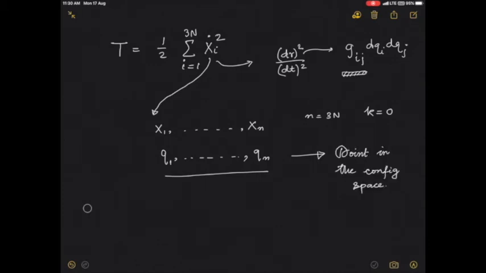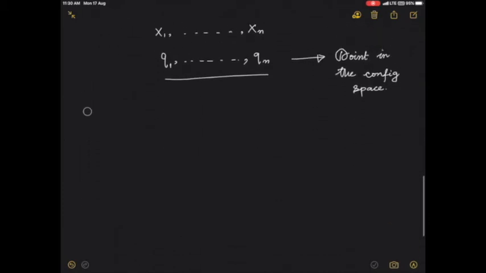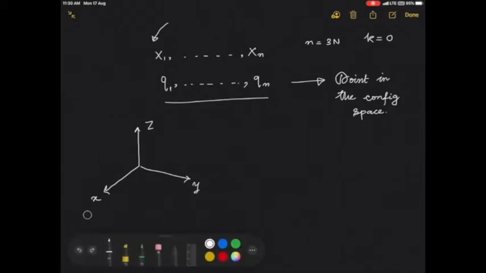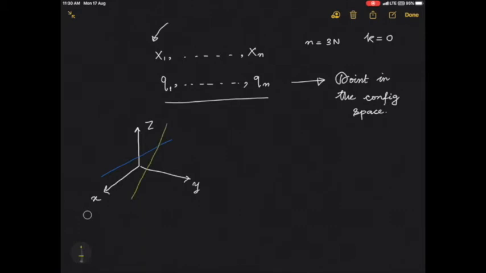Now that is interesting, because remember, initially how were we describing the motion of the system? We had the underlying 3D Cartesian coordinates, and if I have n particles moving in these coordinates at constant speed, so there is no force, they will move in straight lines. Different particles will have different straight lines. Assume that these are straight lines, though they are not very well drawn.